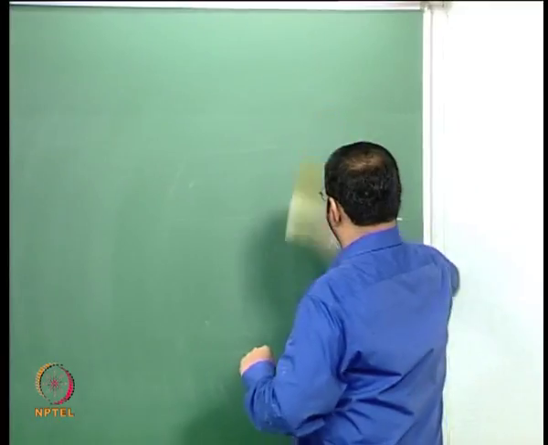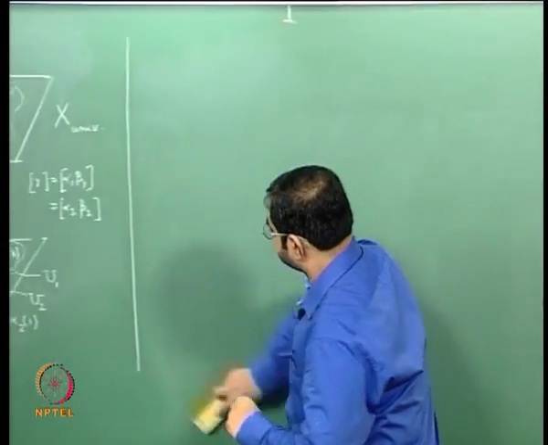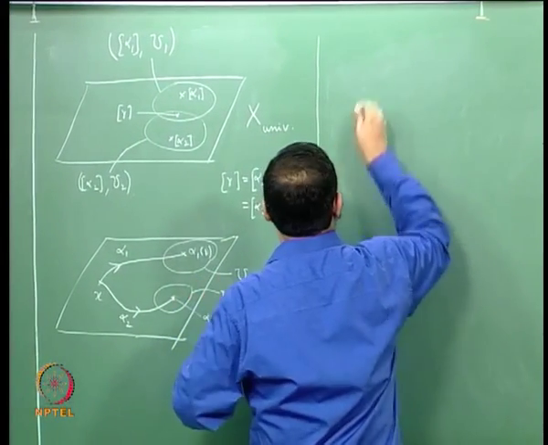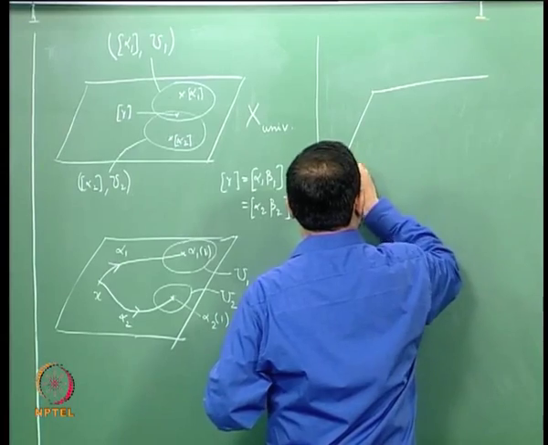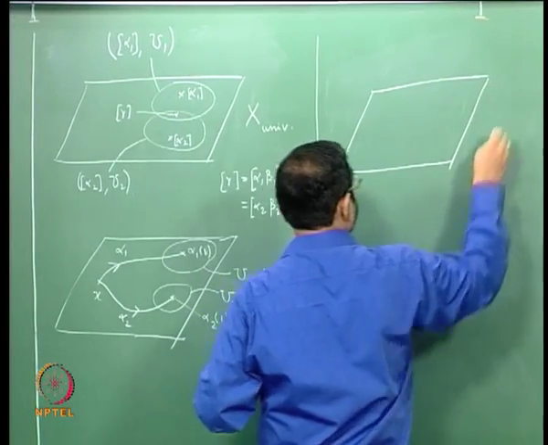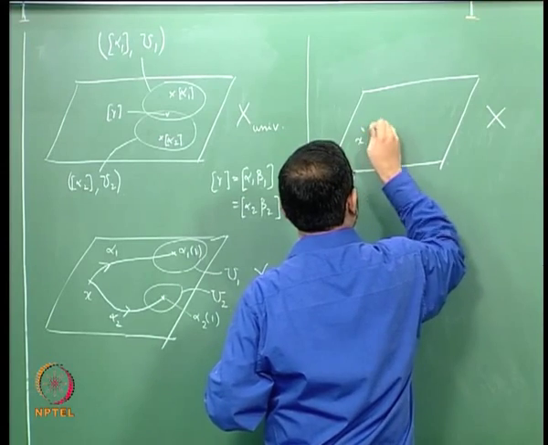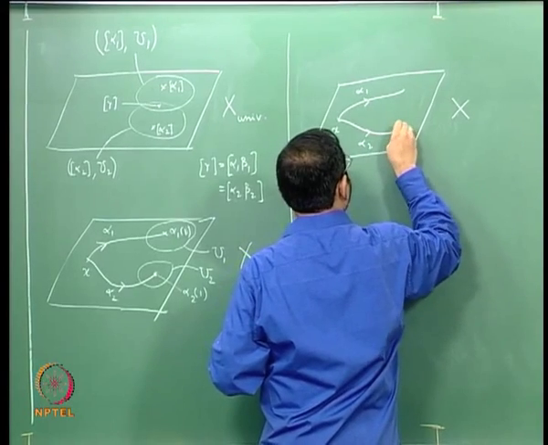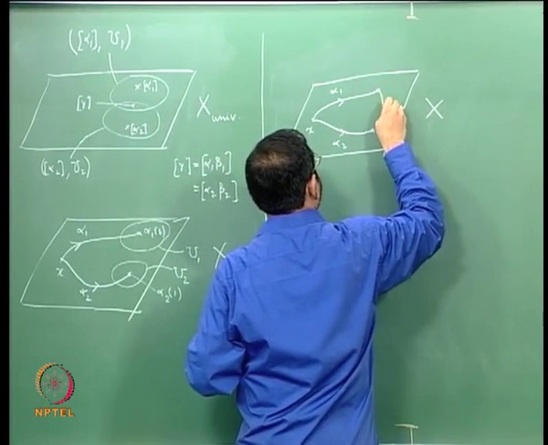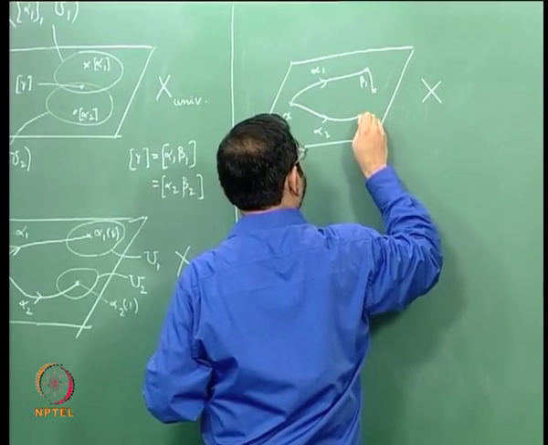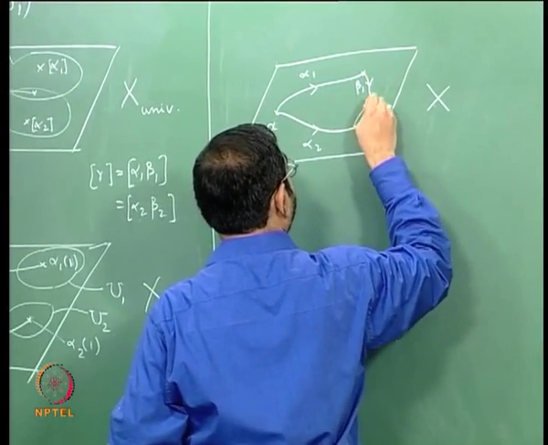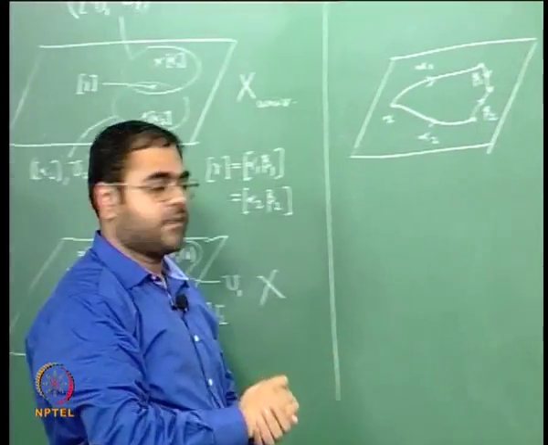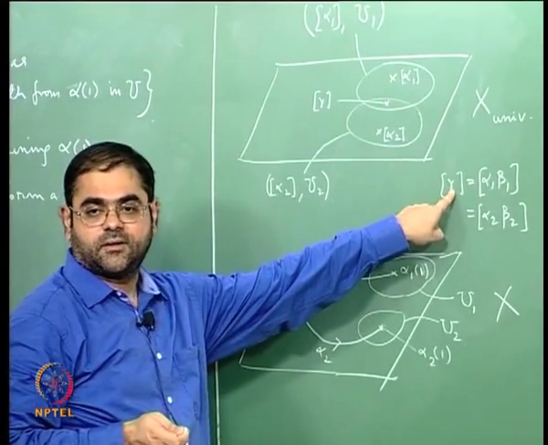The diagram below will actually look like this, namely the diagram for x: you are going to have x, you are going to have alpha 1, you are going to have alpha 2, and then at the endpoint of alpha 1 you are going to have a beta 1, and from the endpoint of alpha 2 you are going to have beta 2, and alpha 1 followed by beta 1 is homotopic to alpha 2 followed by beta 2, which is what you can call gamma if you want.